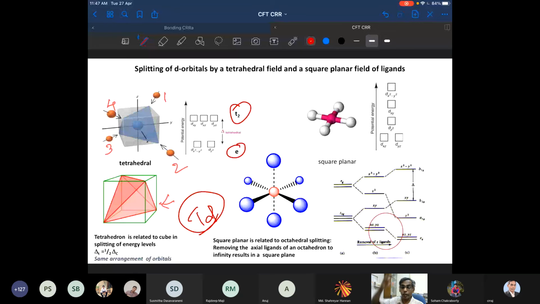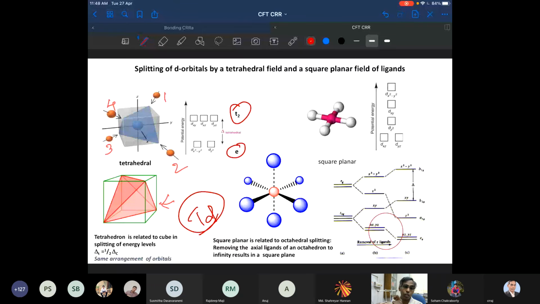As a result, there is no ligand. When we talk about the Jahn-Teller distortion, which I will come to later, the interaction will be weak. Here there is no ligand to interact with the orbital along these two faces. Say, for example, here, here and here, there is no ligand at all.